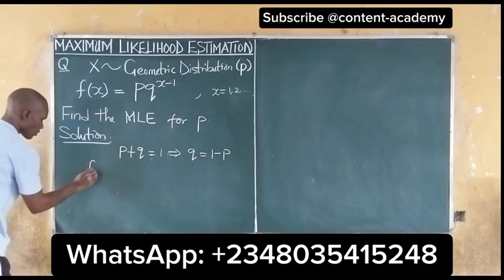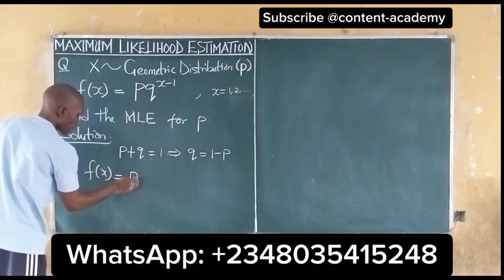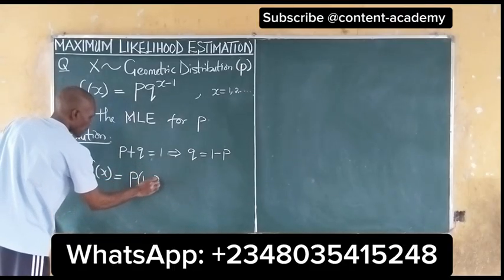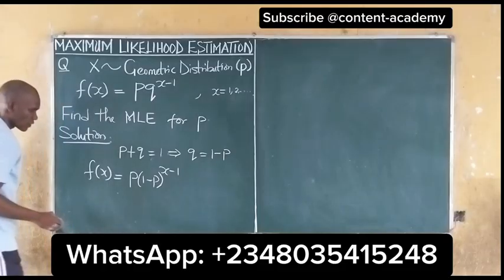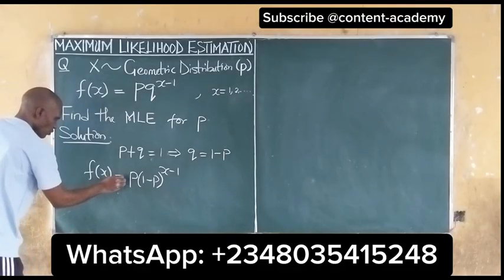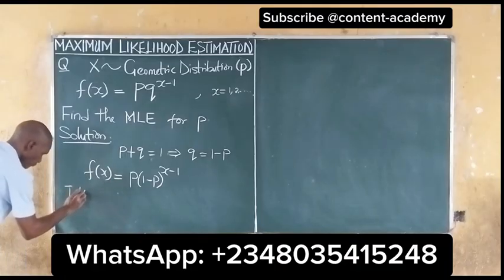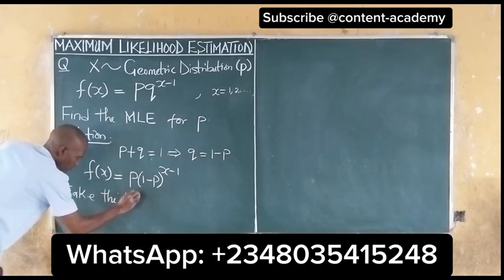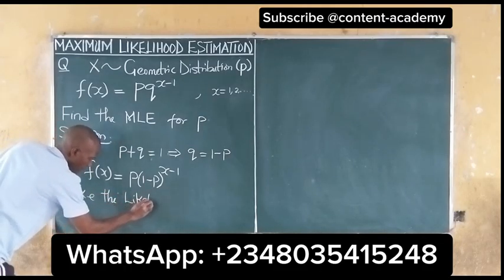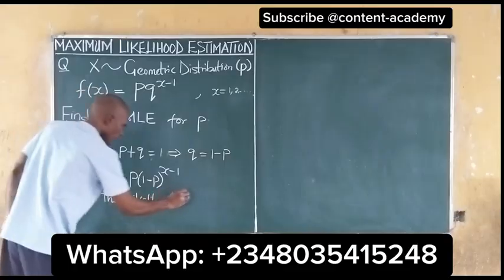It then means that the PDF can be written as p into (1 minus p) raised to the power x minus 1. So the first thing to do is to take the likelihood function.